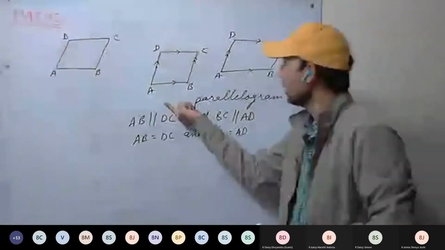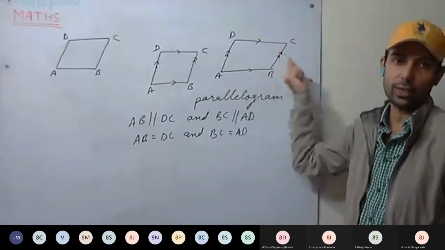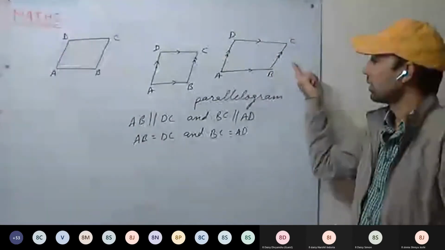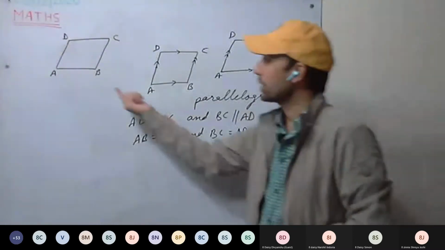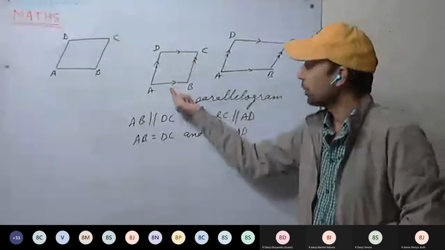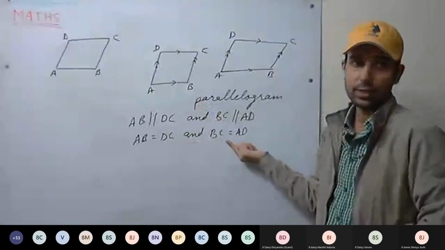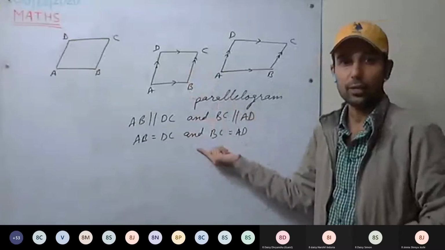So in a parallelogram, opposite sides are parallel as well as equal. When both pairs of opposite sides are equal, then such a quadrilateral is a parallelogram.